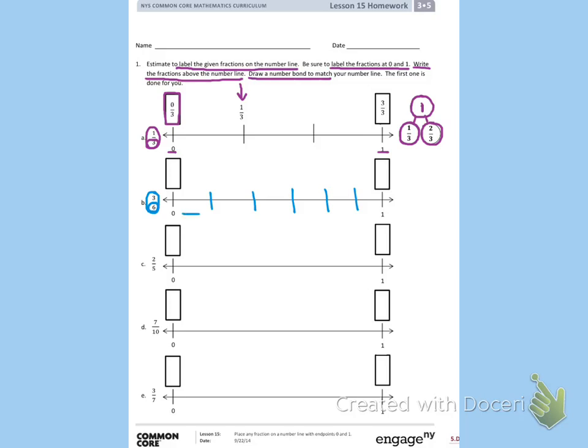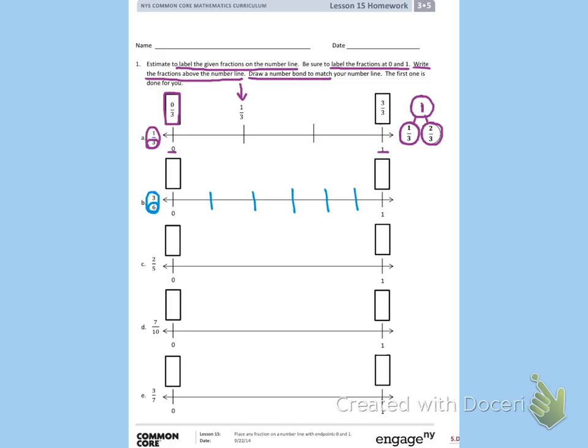Here's a portion, here's a portion, another one, another one, another one, and another one. So that's 1, 2, 3, 4, 5, 6 portions. I'll go ahead and erase those lines now and begin placing my fractions on the number line.